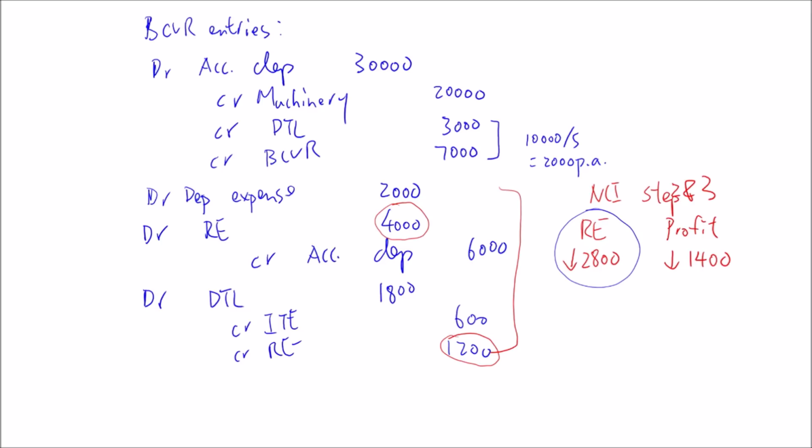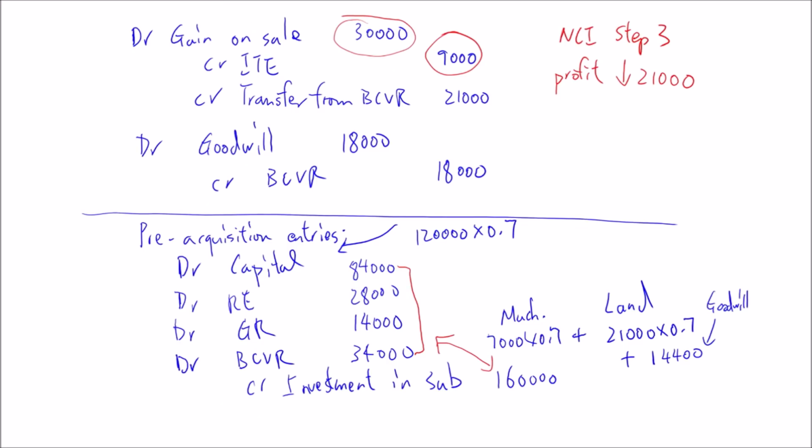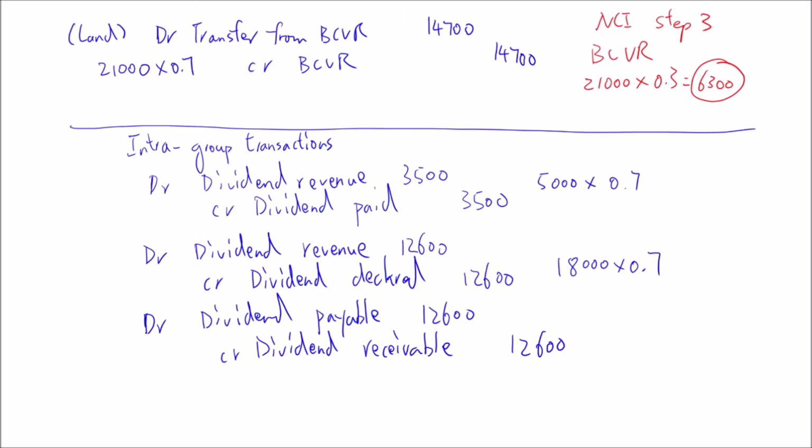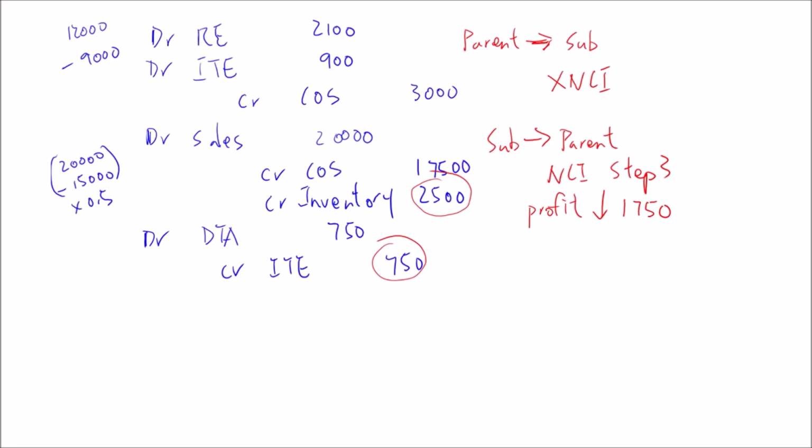The reason is that we want to adjust the depreciation of machinery. So that will be the first adjustment. After that, go to the next page. You can see that this one is about profit, not retained earning. So we can move on. We got nothing here. Another page.